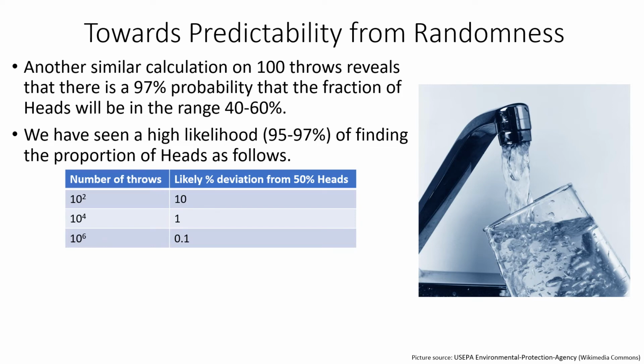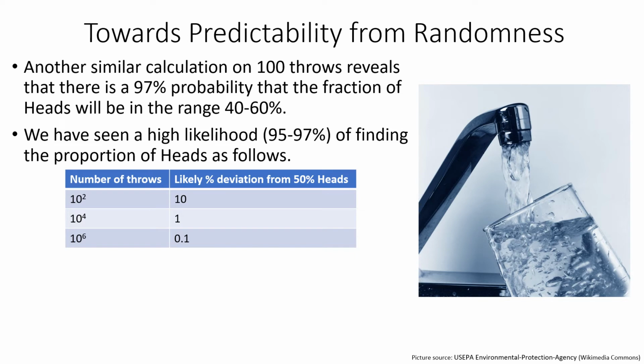So numbers of throws, we've got 100, 10,000 and 1,000,000, quite neatly ordered in terms of powers of 10, going up 2 at a time. And then there's the likely deviation from 50% heads. You can see this percentage deviation is changing in a regular way, 10, 1, 0.1, by a power of 10 each time.